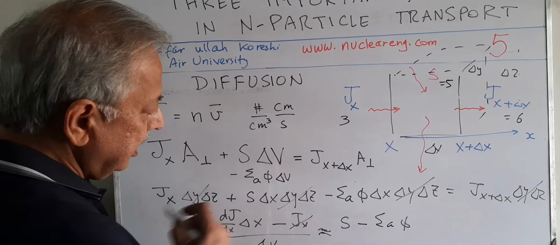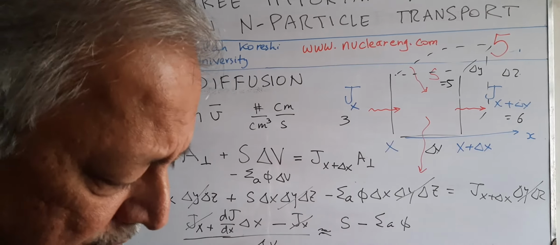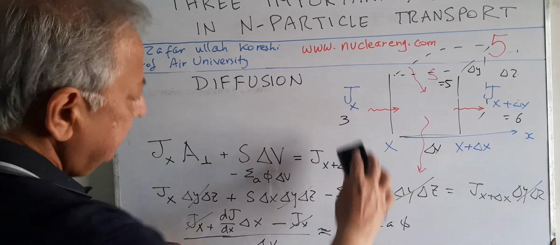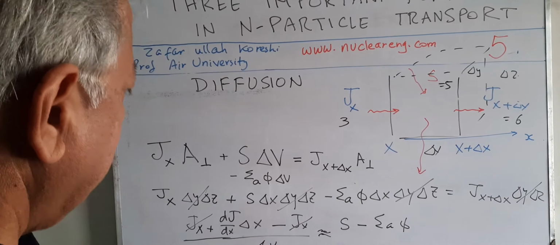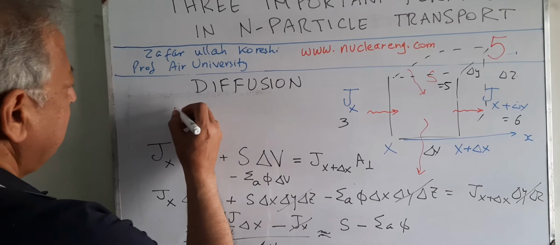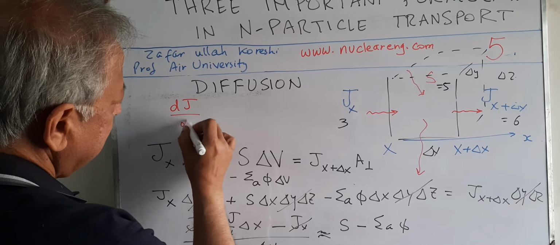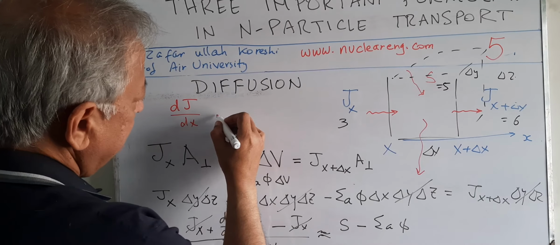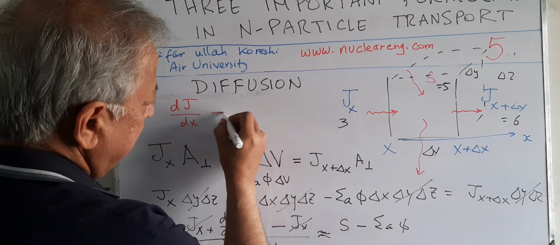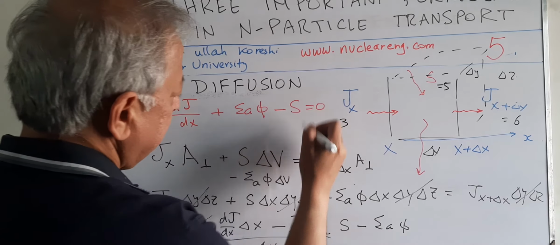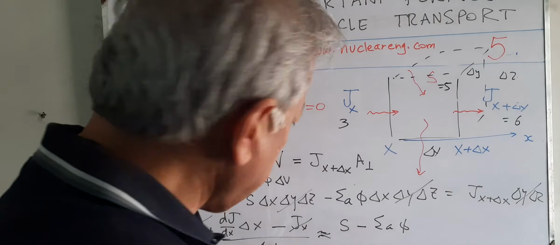Now these two cancel out, and what you see is the diffusion equation which comes out of this: dJ by dx plus sigma A phi minus S is equal to 0, right?